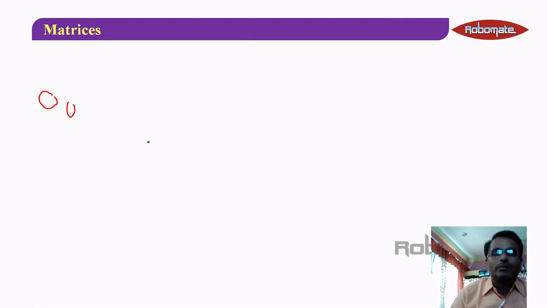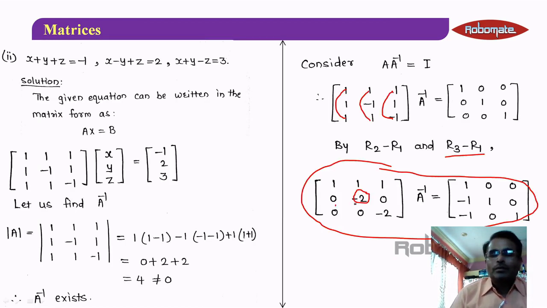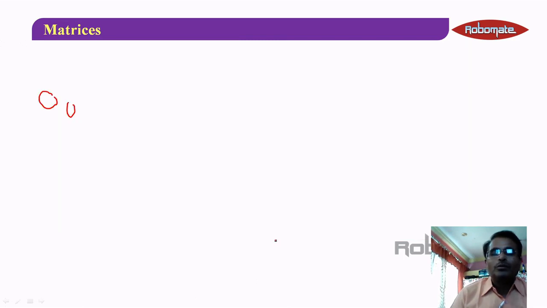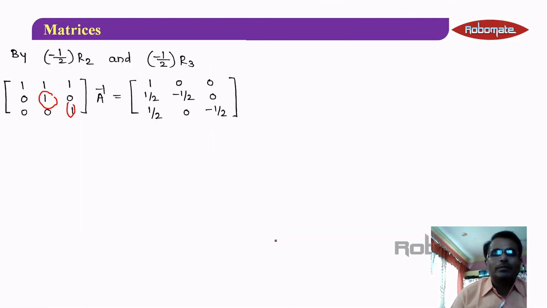See the previous step, here we have minus 2, here also minus 2, both are divided by minus 2, and due to that you will get fractions: here 1 by 2, here minus 1 by 2, here 1 by 2, and here minus 1 by 2. Those appear in the next step. Is that clear? Okay, this is the way of considering the next step.